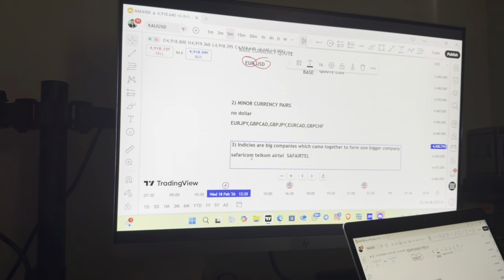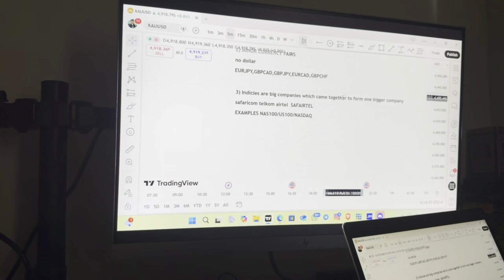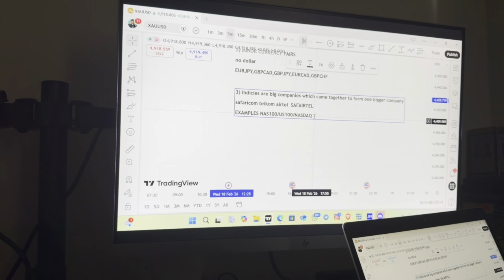Examples of indices in the Forex market. We have NAS 100, we call it US 100 or NASDAQ. That one is simply 100 companies which came together to form one company. We have US 30, the same thing, 30 companies came together to form one.